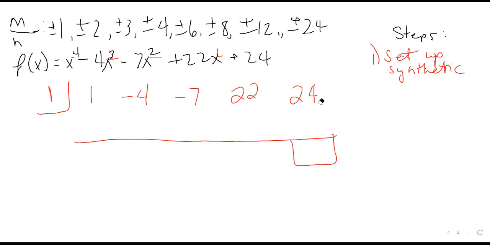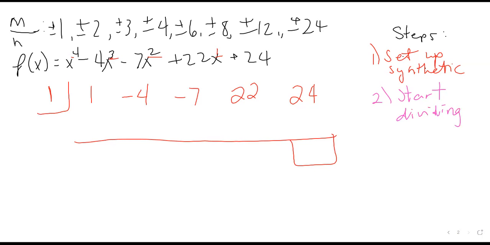You'll rarely ever have to keep going until you get to 12 or something. So you won't have to do like 20 synthetic divisions, but you will have to do a few. That's why synthetic is a little bit faster. So my next step is start dividing. That's really what I have to do, is just divide until I can get that 0.